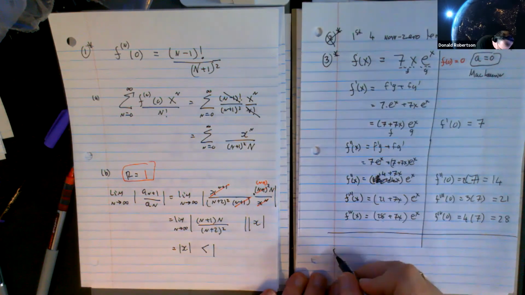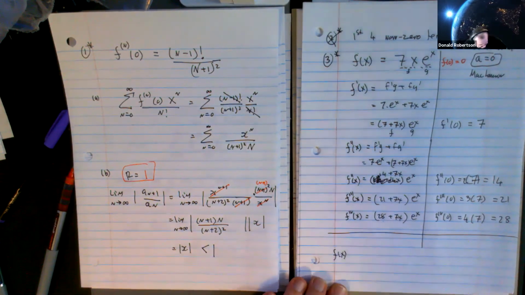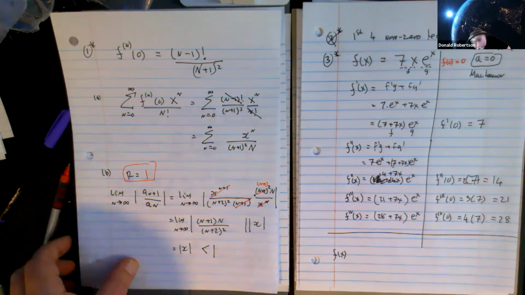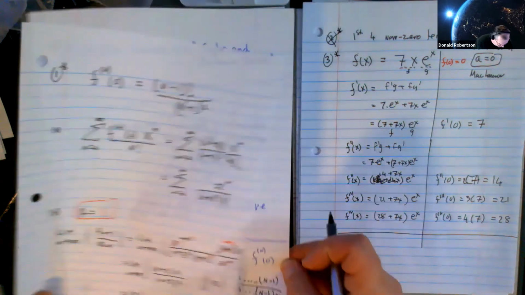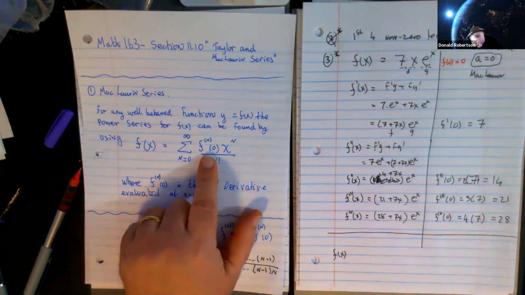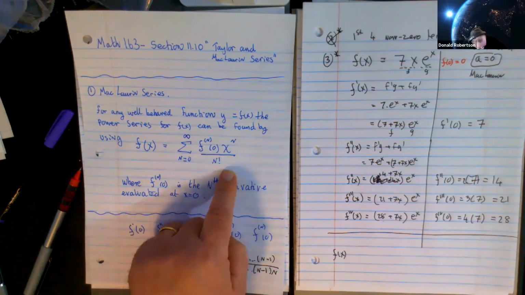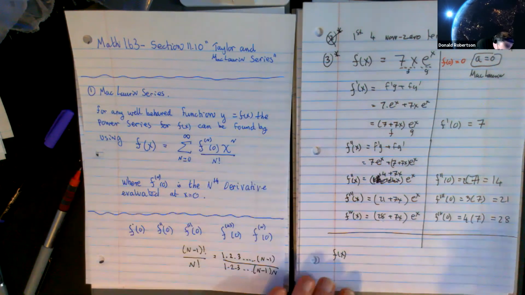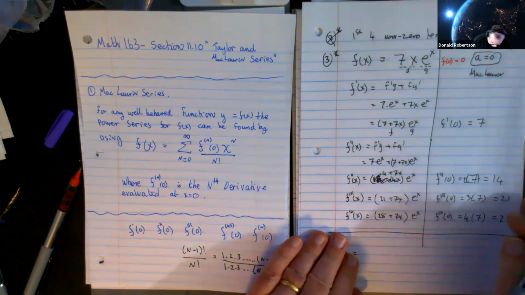And they only want the first 4 terms of the Maclaurin series.